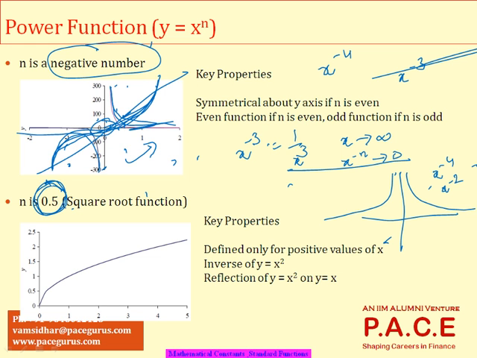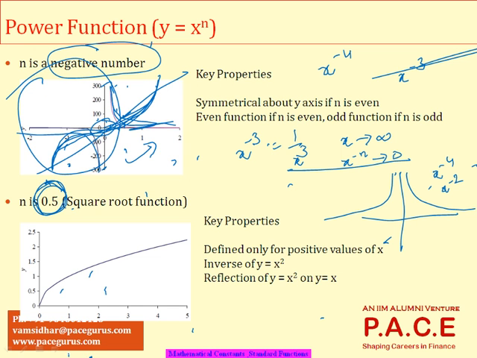Now the fourth scenario is, what if we are talking about n which is not an integer, the power is not an integer, but it's like a square root, which is like 0.5 kind of stuff. What we will typically observe is, this becomes an increasing function as x increases, and because the square root is not defined for negative numbers, we will not find anything for negative values of x.